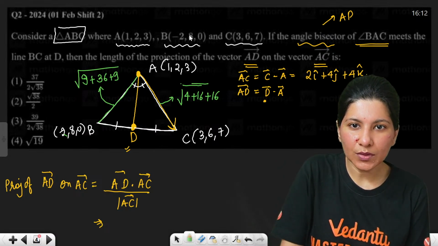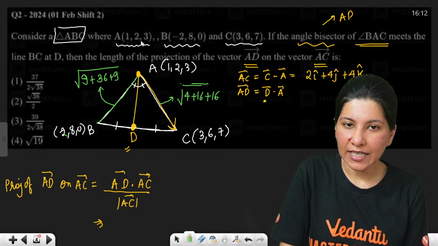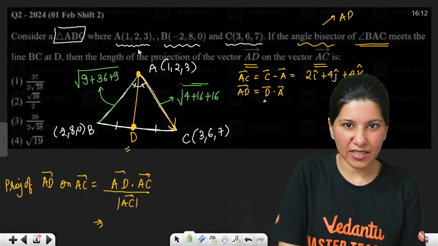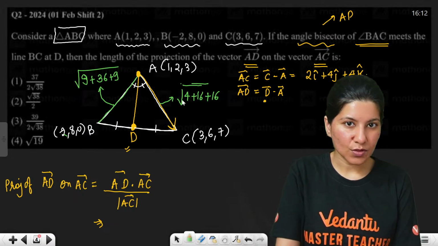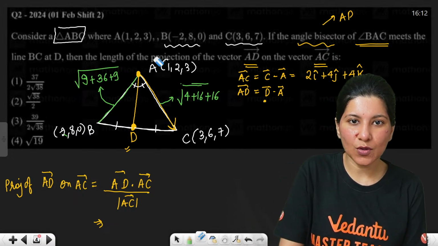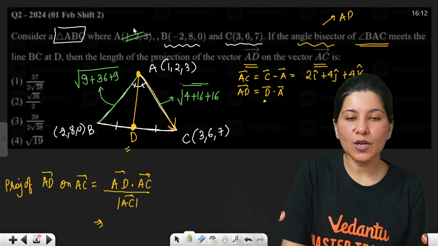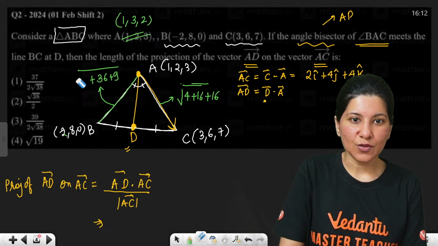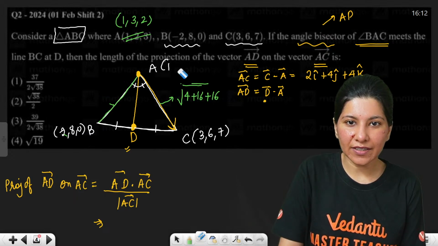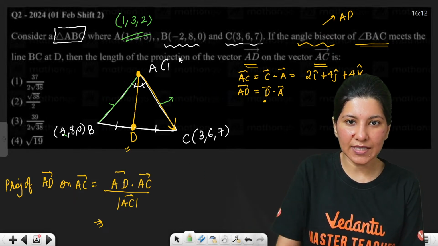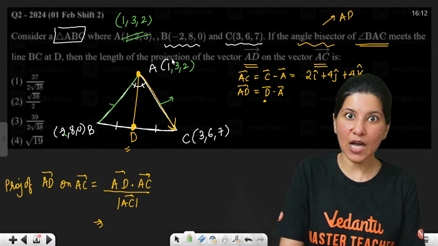AB is 1, 2, 3, correct? So this is 9, 8 minus 2, 6 and again 9. Sorry guys, there is some mistake over here. This is not 1, 2, 3. This is 1, 3, 2. We have done an absolutely incorrect thing over here. There is some printing mistake. 1, 3, 2. Yes, now it's fine.